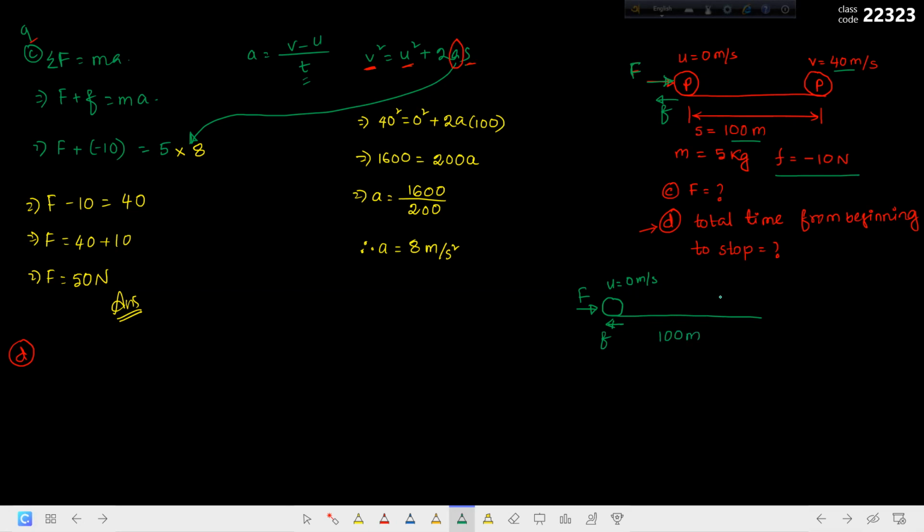Let us say up to this it is 100 meter. So then the velocity became 40 meter per second. This is already the scenario that we know. So till now the application of force was there. F was acting, but after this point the force F stopped working.